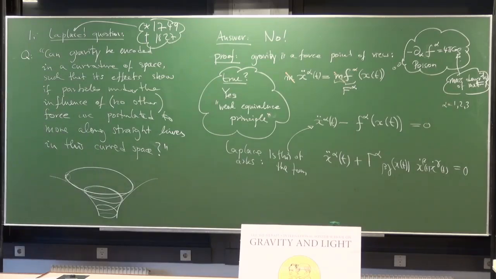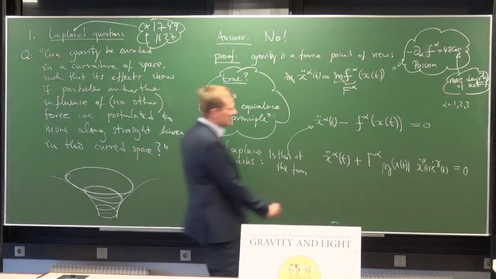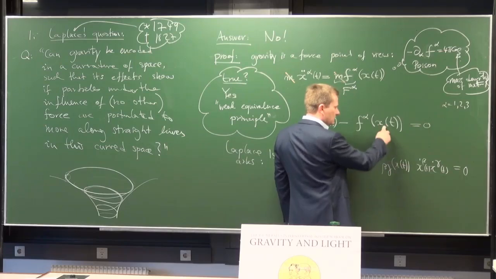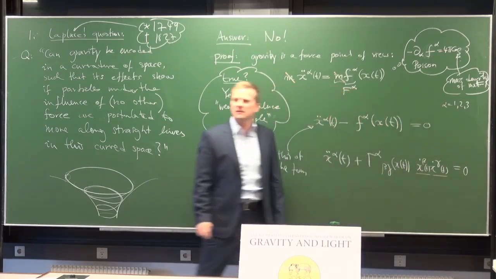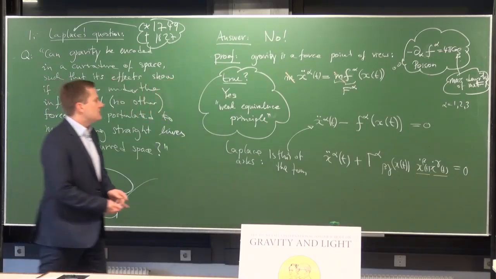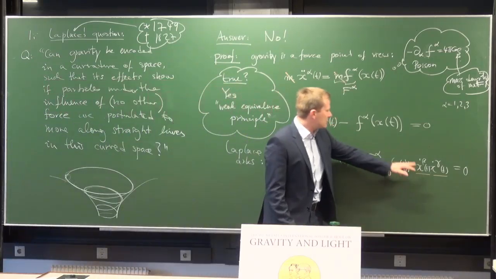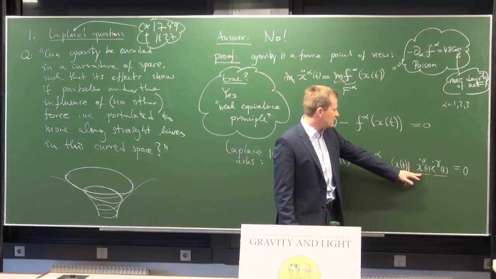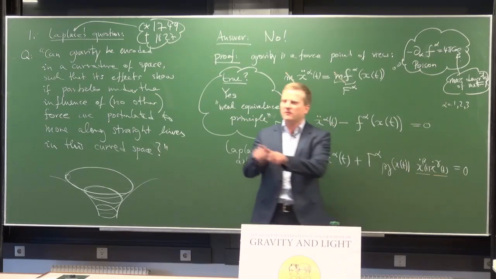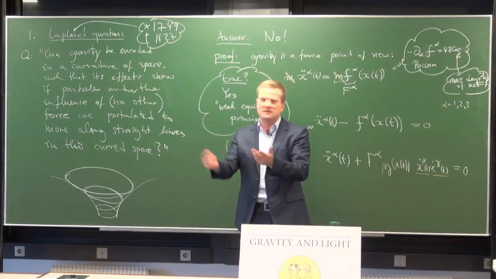No, it can't. Why? Because this gamma can only depend on the x where you are, but what about these two velocity factors here? This could only be interpreted as this for, well, not for zero velocity, actually not really for any velocity, because if you have any velocity, you can have double the velocity, that's possible.